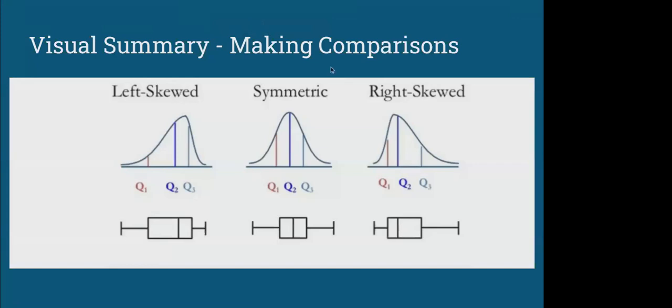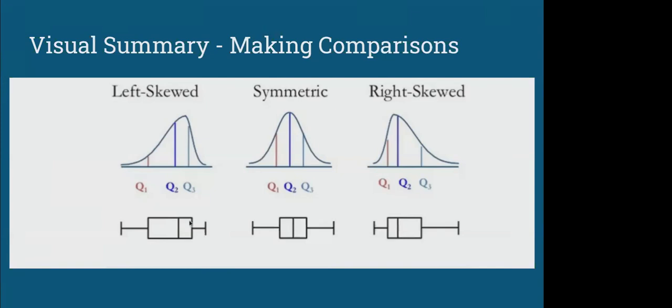So again, the notes that I wanted to stress about each of these: you can tell by looking at a histogram its shape, right? That's not the hard part. I think the more difficult part is looking at the box plots and their characteristics, because again, remember, this course is about looking at data and critically analyzing what you see.